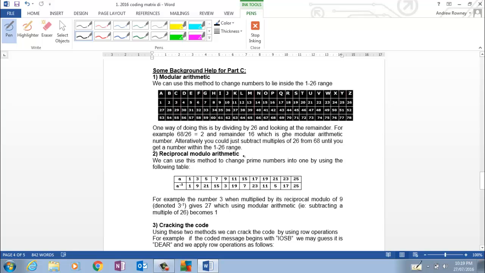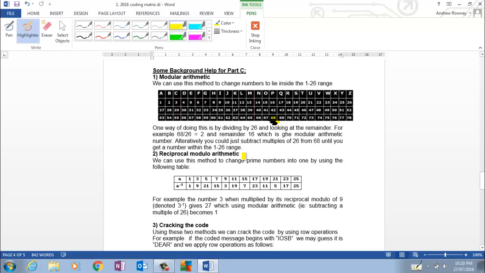First of all, the difference between modular arithmetic and reciprocal modulo arithmetic. Modular arithmetic is just what we've already done, converting the alphabet A to Z to numbers from 1 to 26. So, for example, if you had the number 68, that's this one sitting here. 68, if you subtract 26 twice, is equivalent to 16.